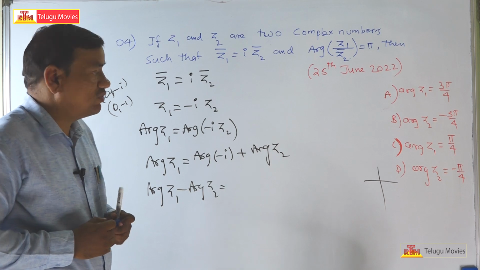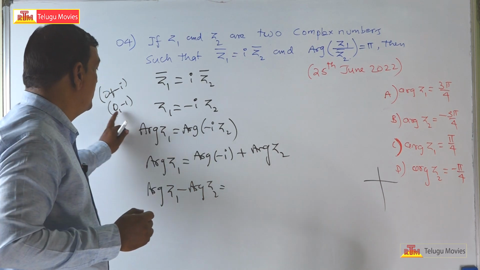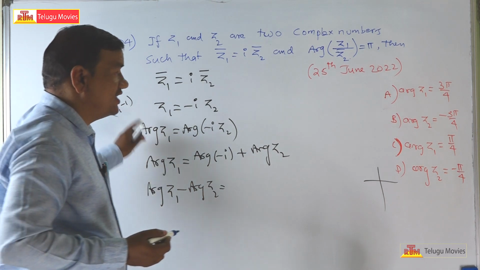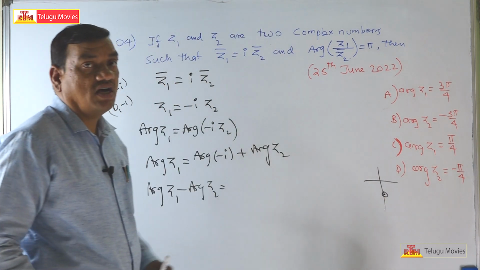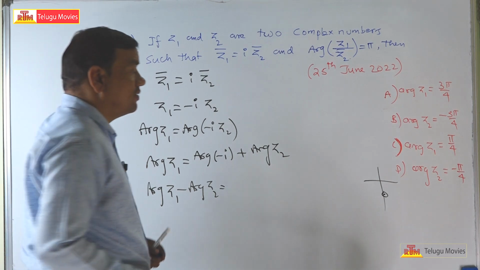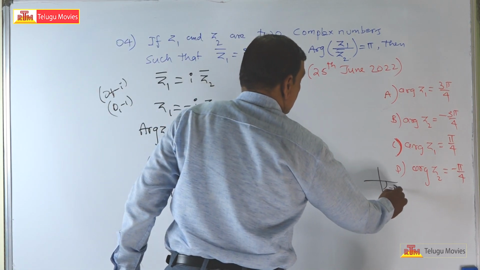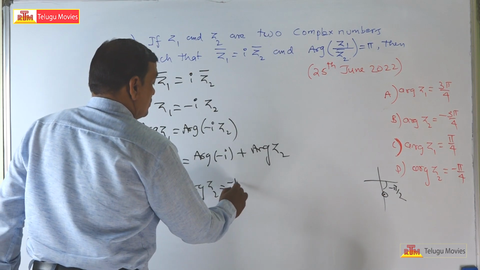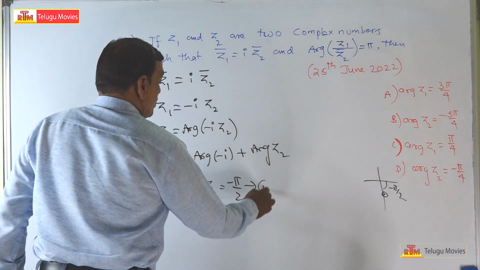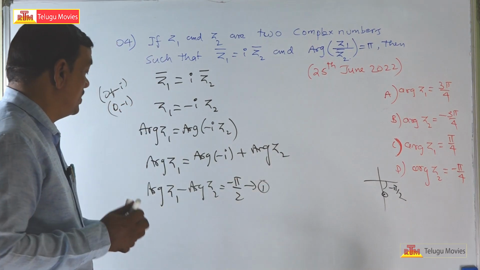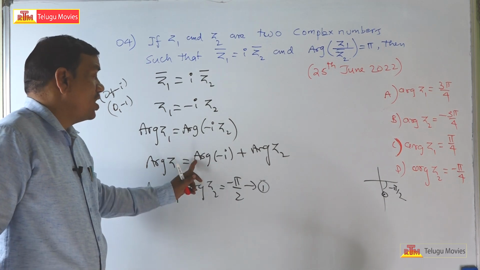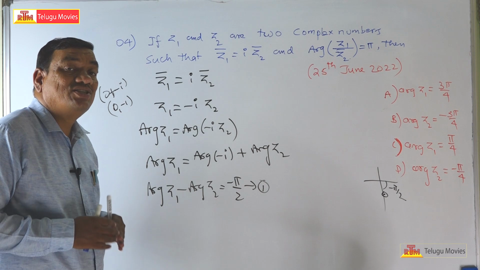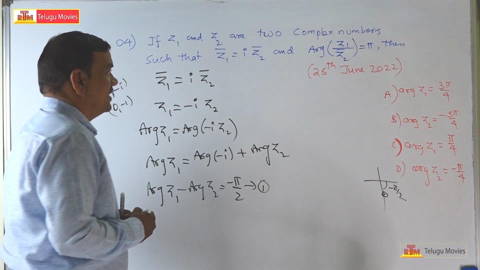The x coordinate is 0 and the y coordinate is minus 1. The argument of that point is minus pi by 2. So argument of Z1 minus argument of Z2 is equal to minus pi by 2. Call it equation number 1.